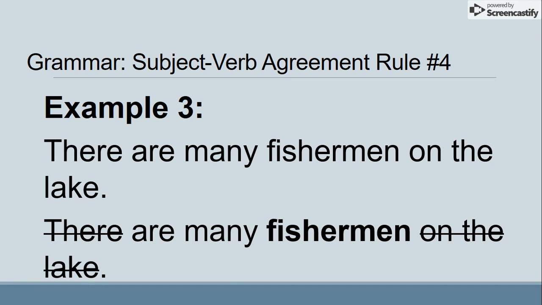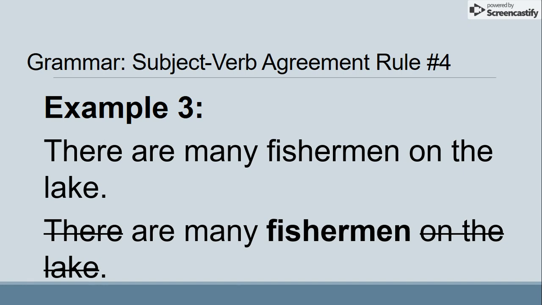This is difficult because a lot of times we say this incorrectly. We might say, there's many fishermen on the lake. There is many fishermen. That's not correct though. Fishermen is plural, so we have to have a plural verb. We can't use there's or there is. That's incorrect. We have to use are.